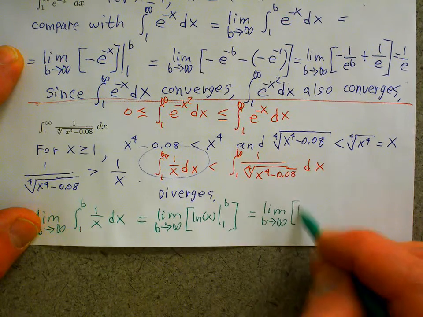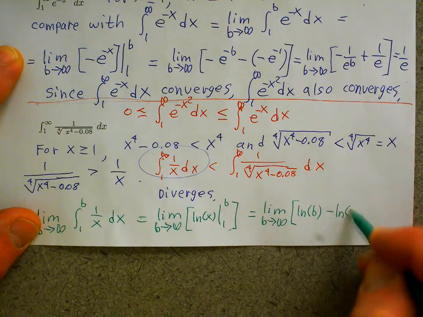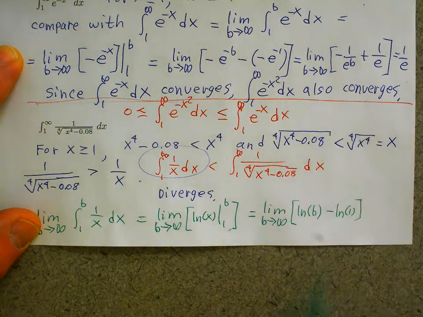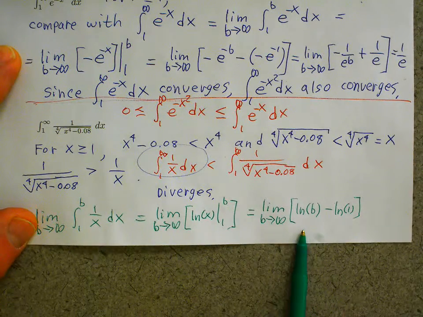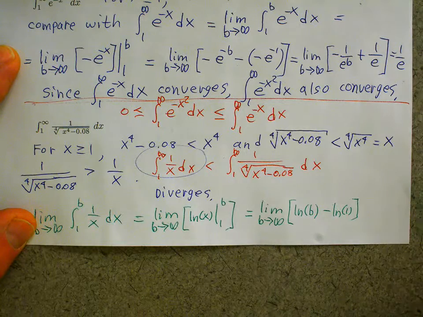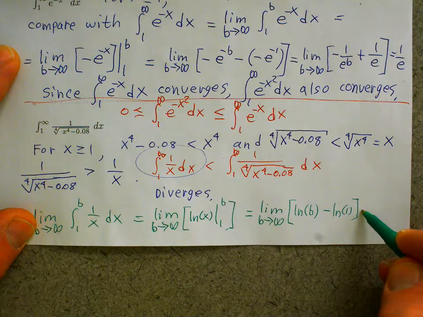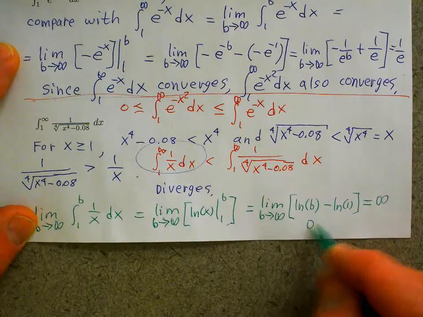Okay, so we get the natural log of b minus the natural log of 1. But the natural log of b, well, where does it go as b approaches infinity? Yeah, so we say informally this equals infinity, so in other words, it diverges.